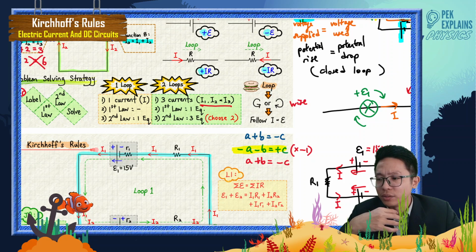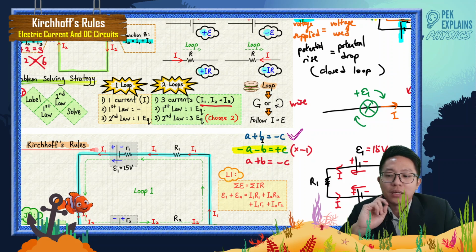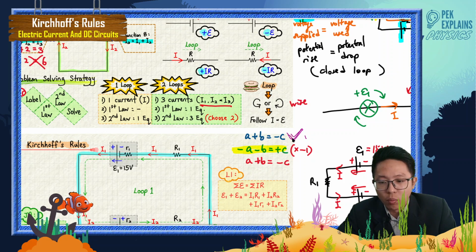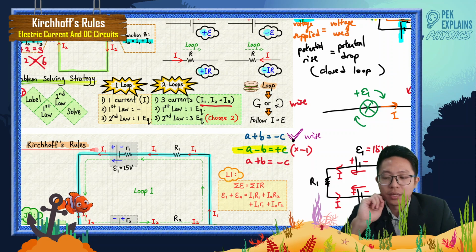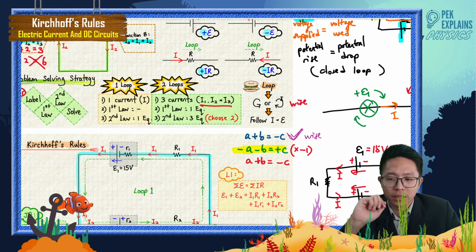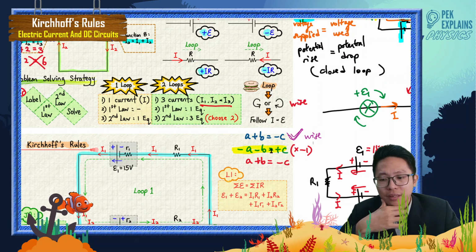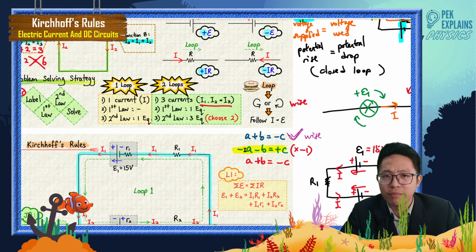A wise decision is to make an equation with fewer negatives, like A plus B equal to negative C. This is a wise decision. If you pick the direction that ends up giving you negative A and many negative terms, this is unwise, because you are going to deal with many negative values, which is dangerous, because you might substitute the values wrongly.